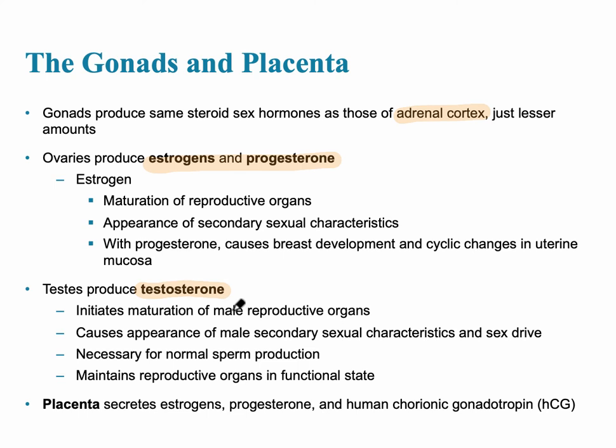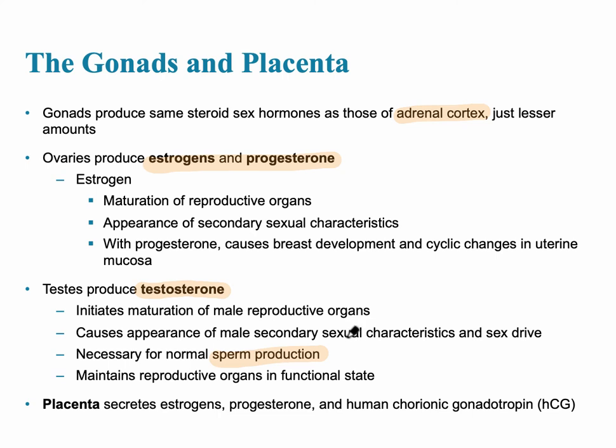Now, testosterone is going to be secreted from the testes based on the production of LH from the anterior pituitary gland, and sperm production occurs in the seminiferous tubules, and it occurs because of FSH released from the anterior pituitary gland.